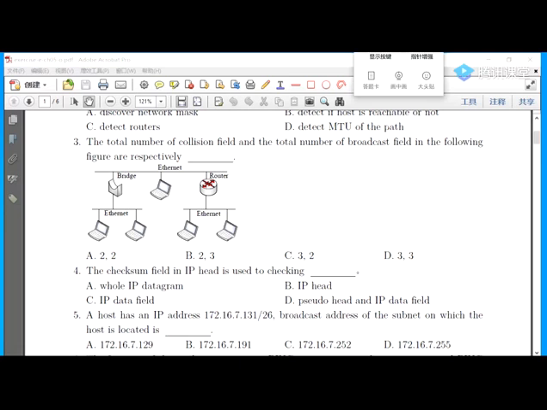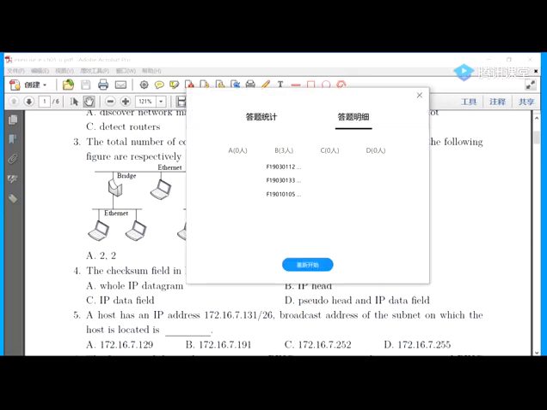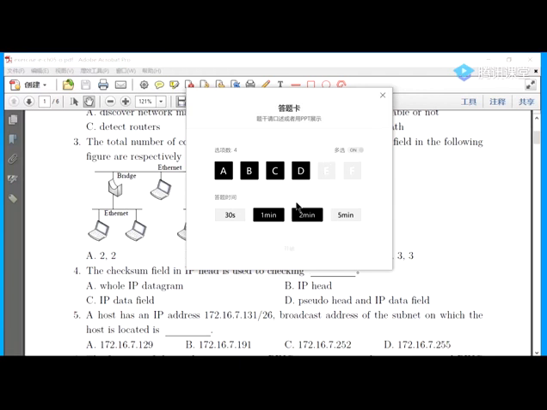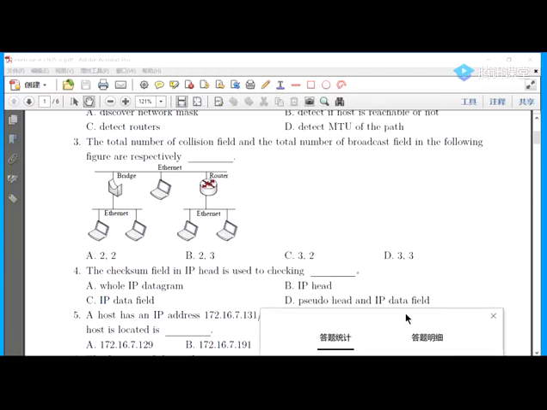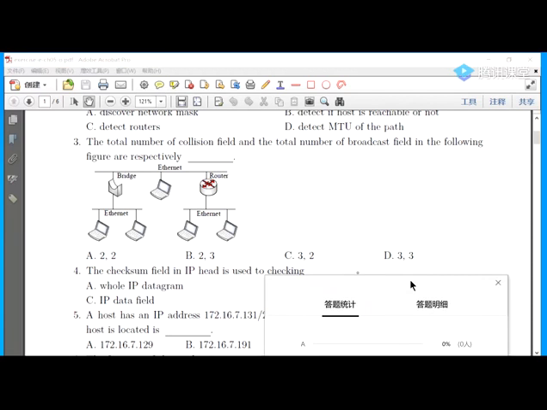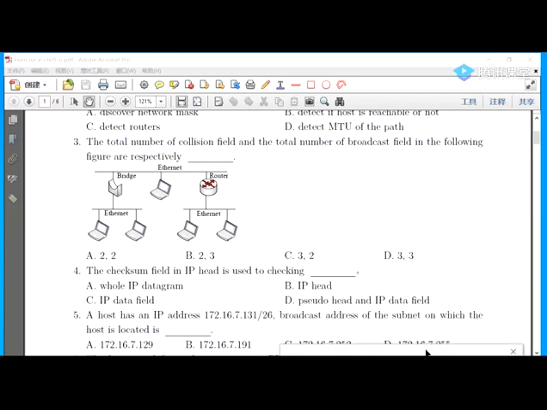Question 3. Which one is correct? The total number of collision fields.